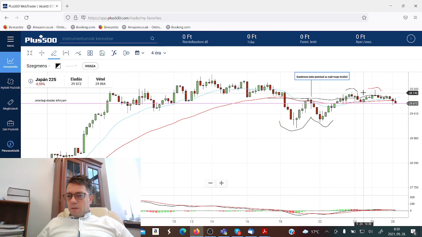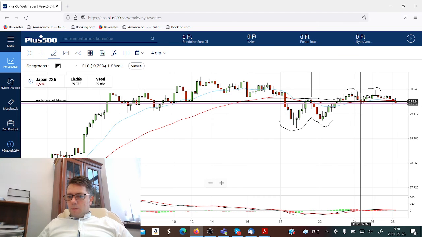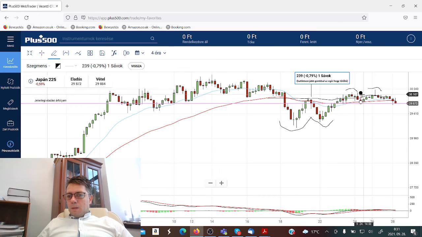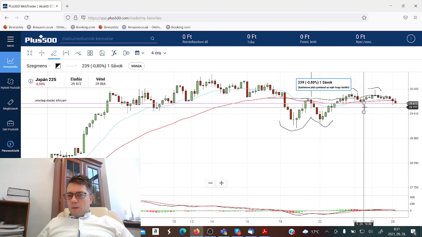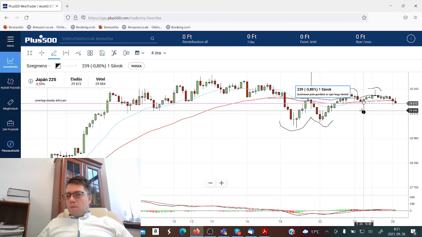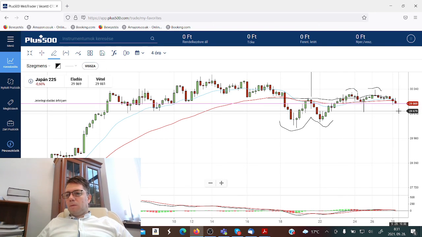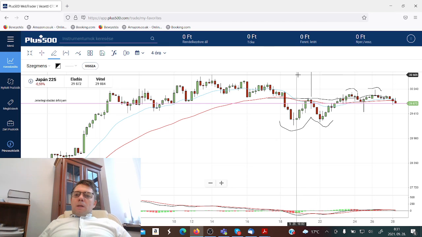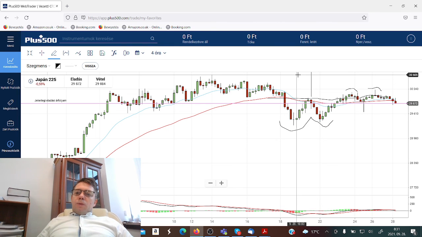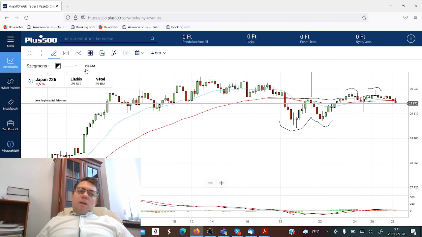Let me measure it from the top to the bottom. That's it. And then let's put it down here. So yeah, 29,660 ish level. So we may fall to that level. We will see how this plays out, but I'm not in Nikkei anymore.